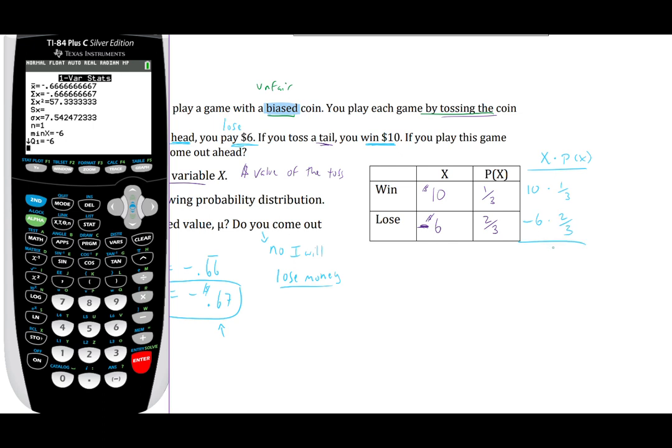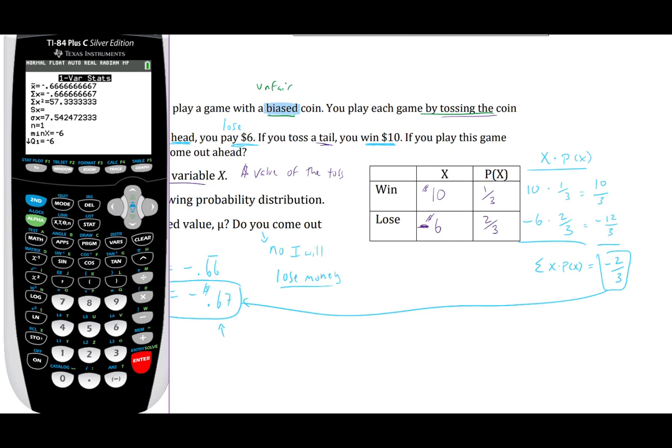And if I were to add these up, well, this would be 10 over 3, skip that step. And this would be -12 over 3, again, just top times top, bottom times bottom. If I find the sum of x times p of x, I will get -2/3. Well, -2/3 is just -0.67. So it's probably a little bit faster for some of these to just skip the calculator altogether.